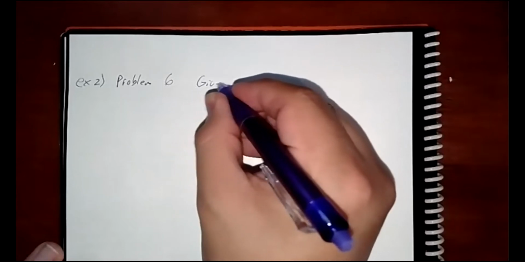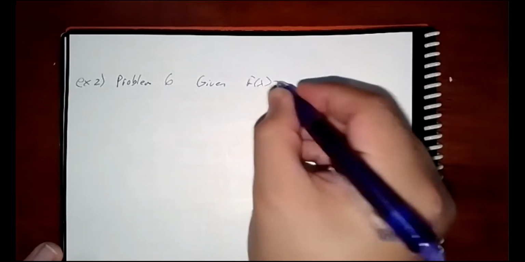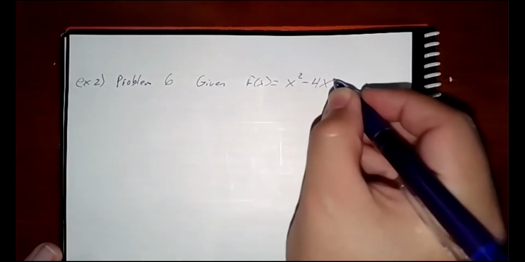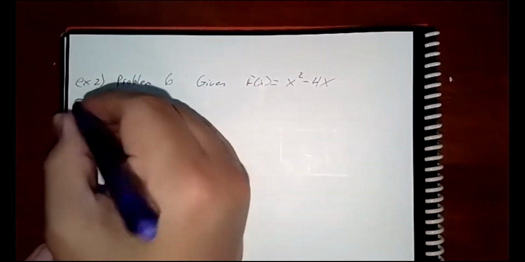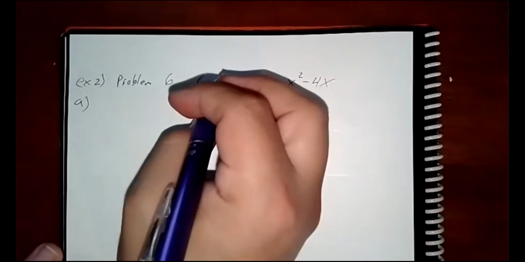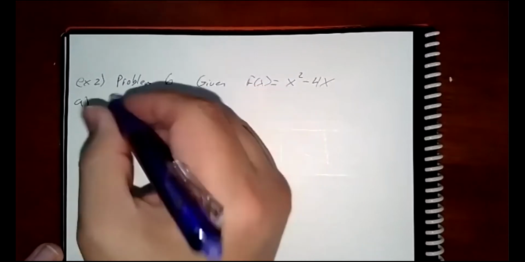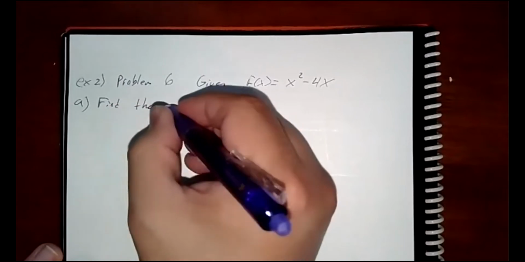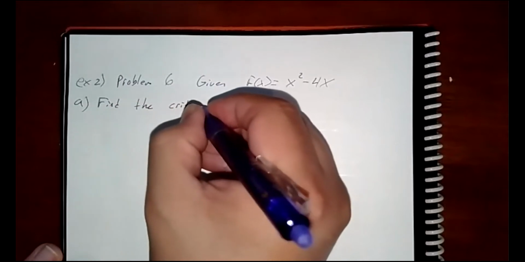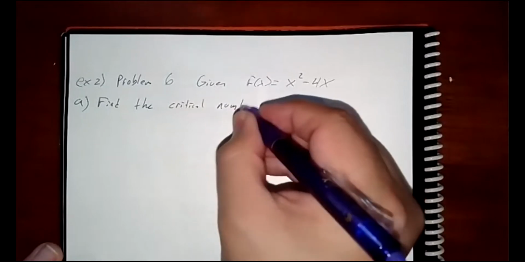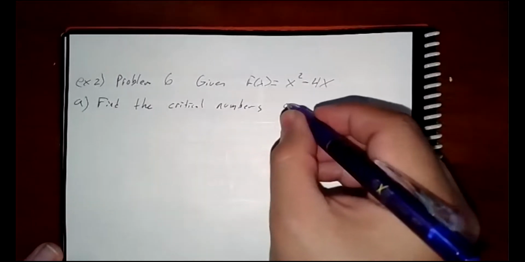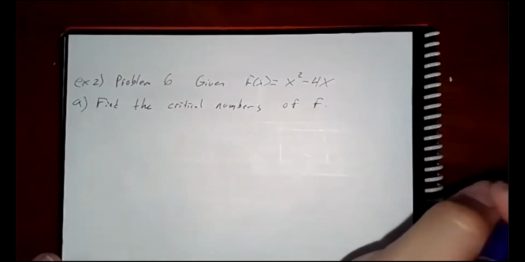So given f of x equal to x squared minus 4x. First step is find the critical number. So this will be what we did last time. You guys remember? Critical numbers of f.